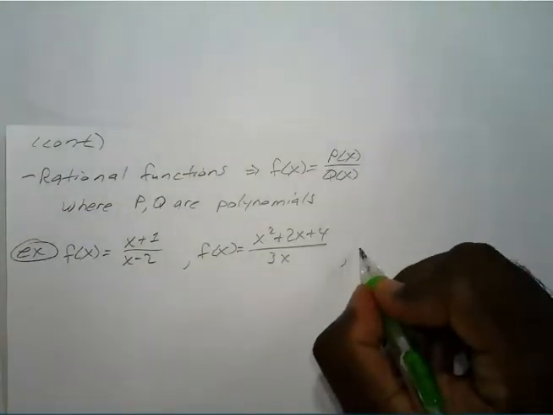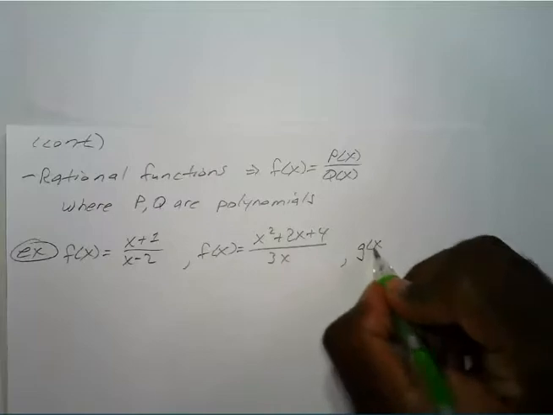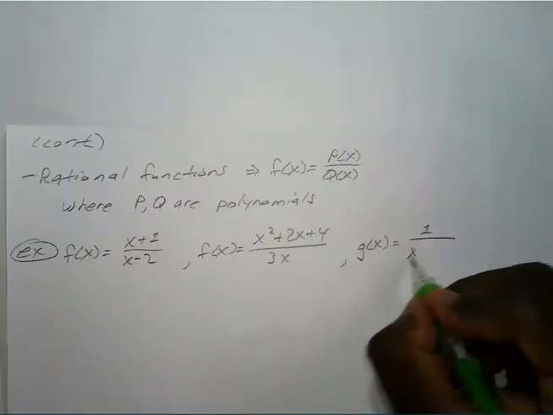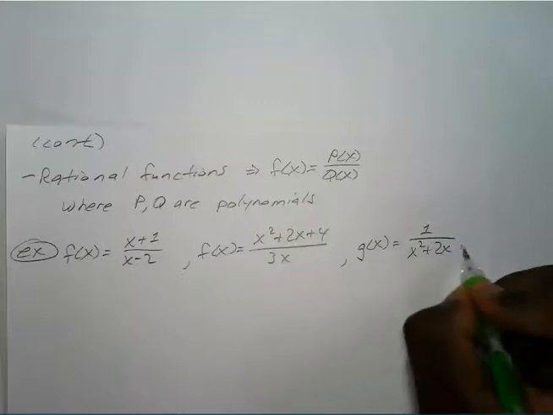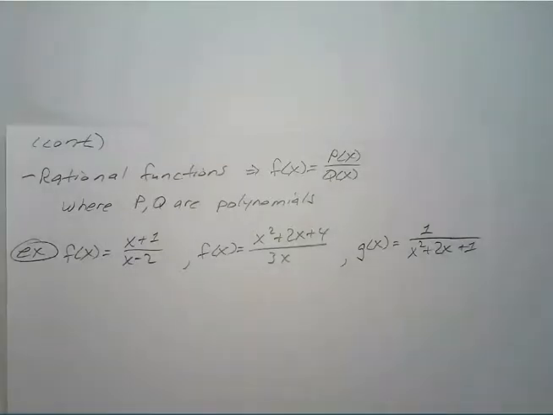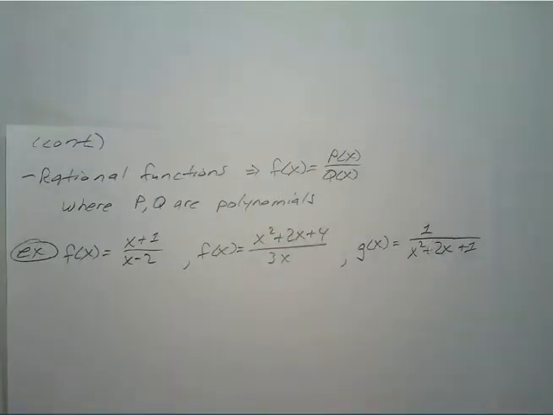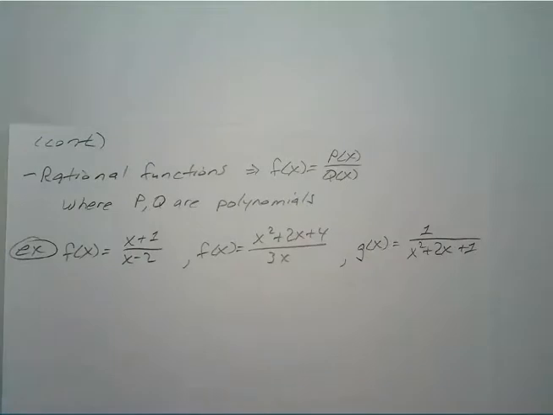Even if you have, let's say, g of x is equal to 1 over x squared plus 2x plus 1. That is a rational function because 1 is a polynomial. Okay? It's a single term polynomial or monomial when it's just one term, but it is a polynomial.